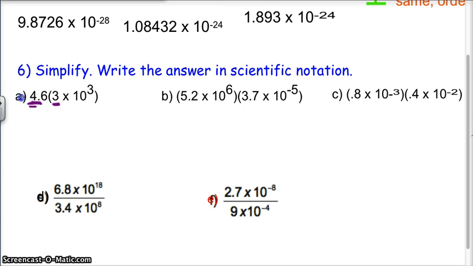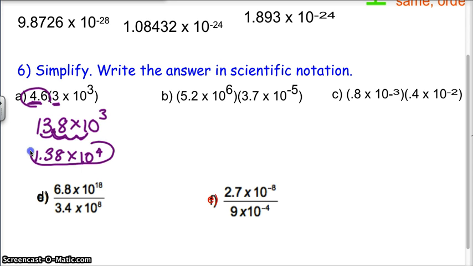So I'm going to take my calculator and do 4.6 times 3, and it gave me 13.8, and I'm going to bring along the scientific notation. Notice this is not proper form, so I'm going to fix it. 1, 2, 3 would be the original, so I just got to put it correct. Times 10 to the 4th power. Your calculator can do it if you can enter it in right. What's the point of all the exponent rules if you can't use them?